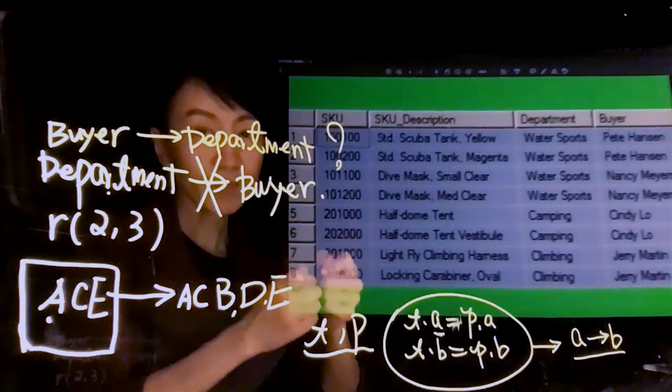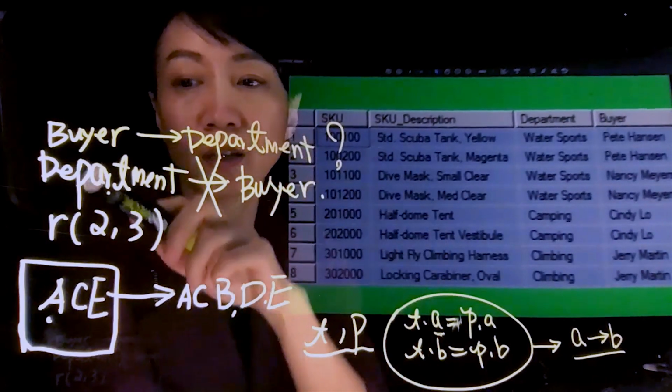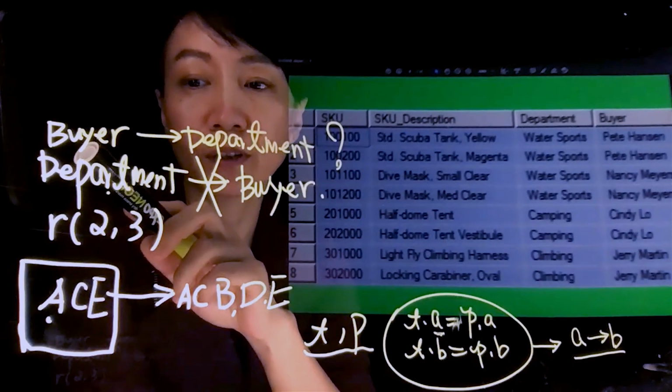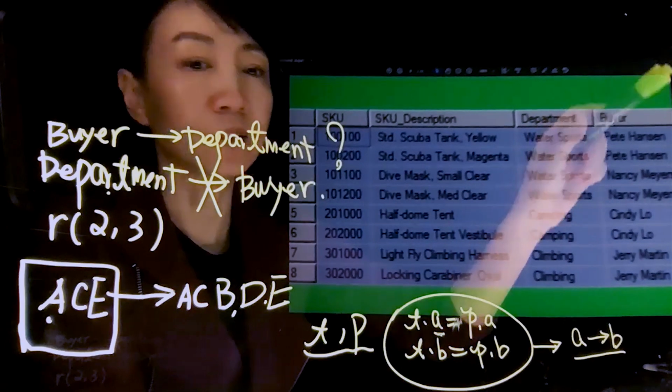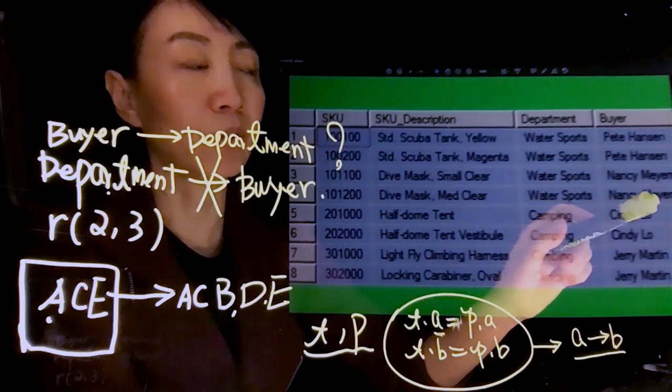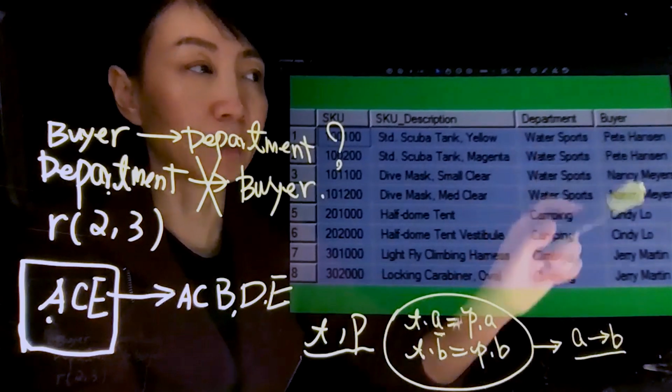Okay. Now we can check the condition. Do we have any two rows having the same bio? We do. We check the last column, bio. We have 4 pairs of rows. They all have the same bio.